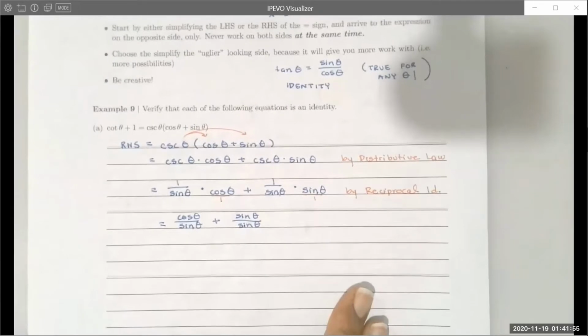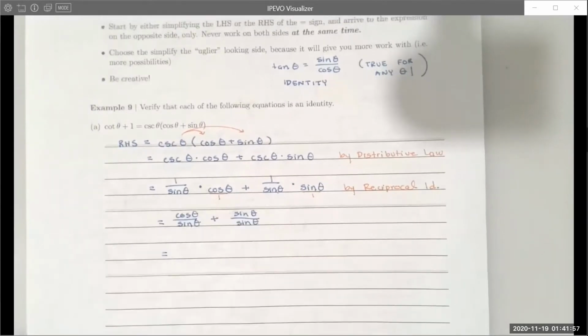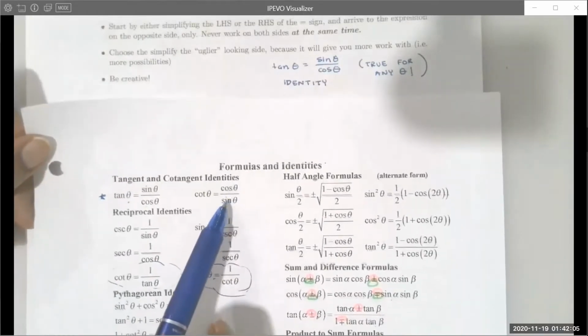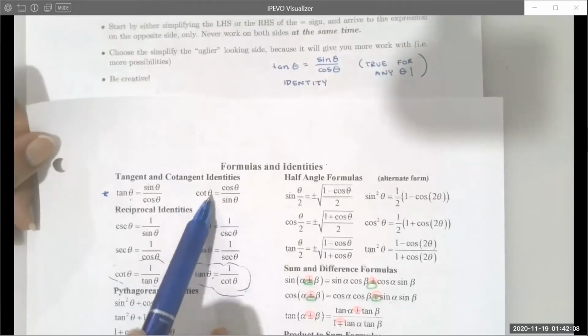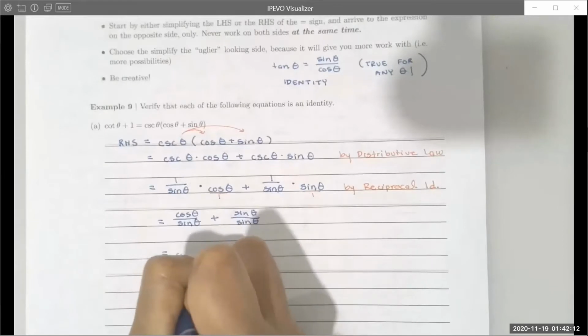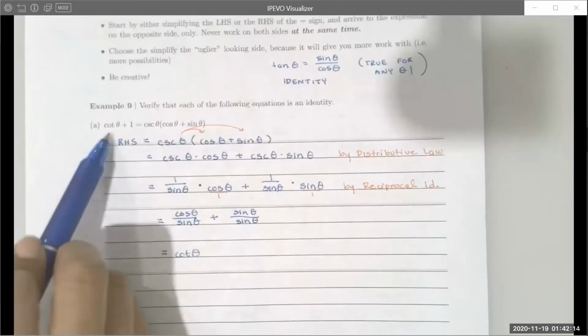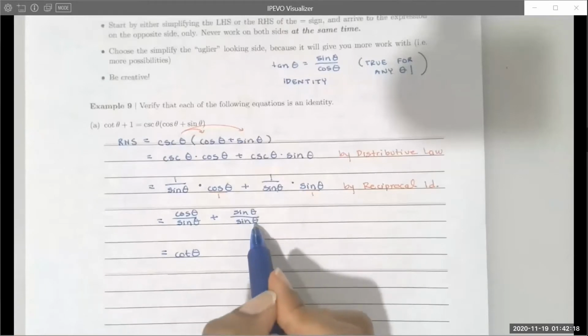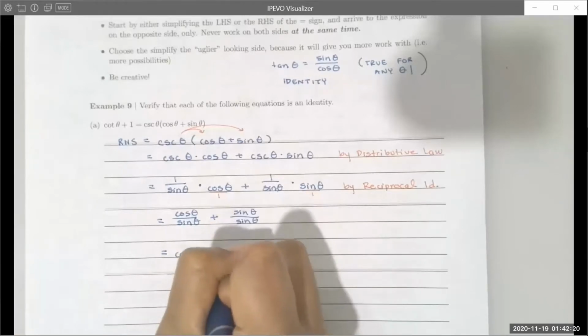Okay. Now, how does this simplify further? Well, again, look at your formulas and identity sheet. Cosine theta over sine theta is cotangent theta. So this becomes a cotangent, which is actually great news because that's one of the terms that I want to get. And then the sine theta over sine theta, that simplifies to a 1, right?